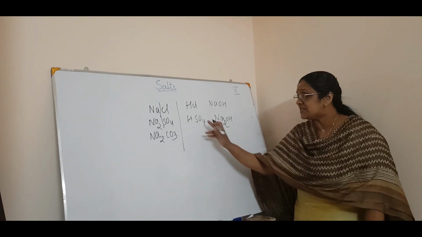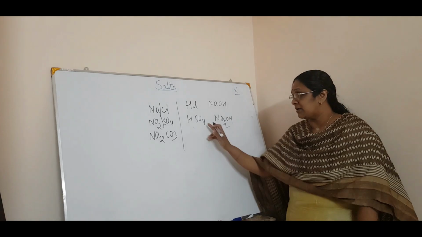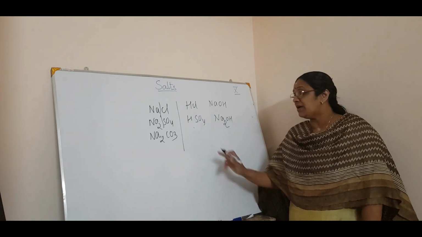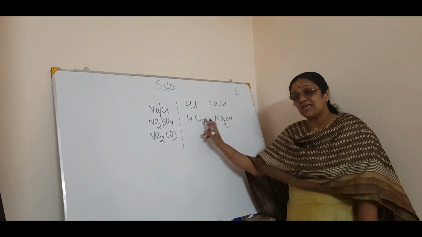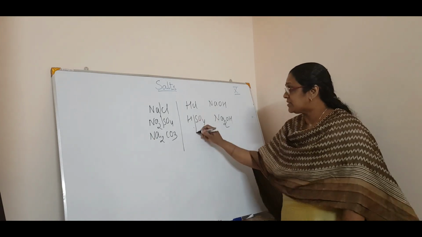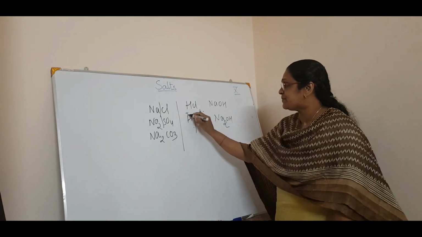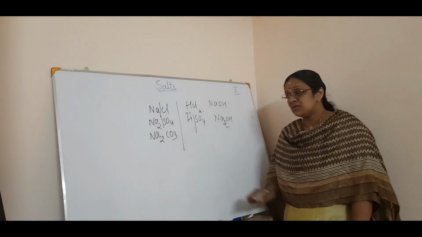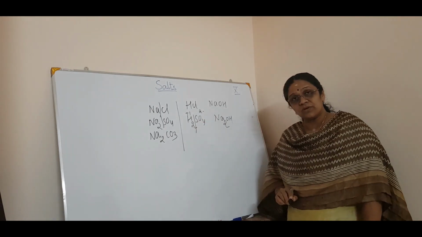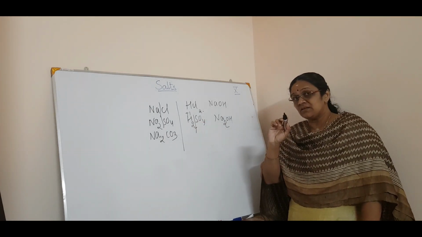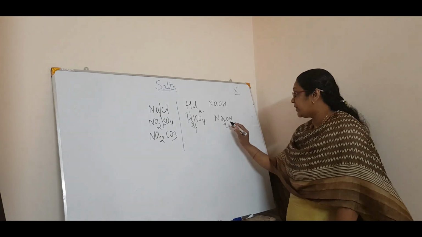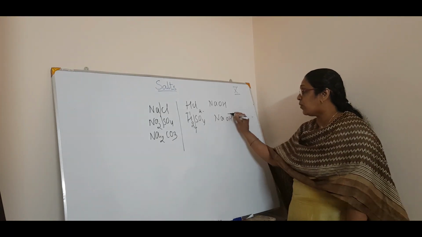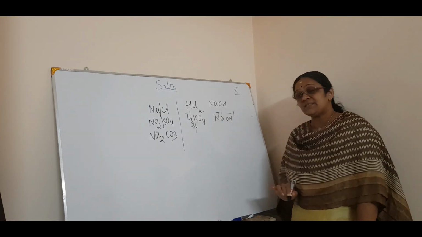No. We have to see the valency, right? For writing the formula, you can't write sulfuric acid as HSO4. Why? Because SO4 is 2 minus and H is plus 1. So how will you cancel out? So it must be H2SO4. Correct? So please look to that. So here it is NaOH, that is OH is minus 1 and Na is plus 1.